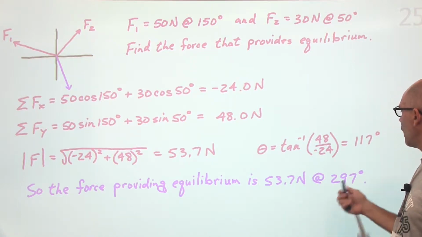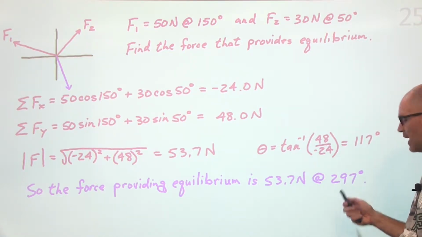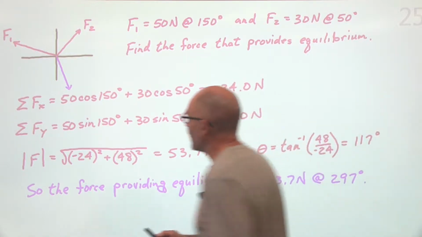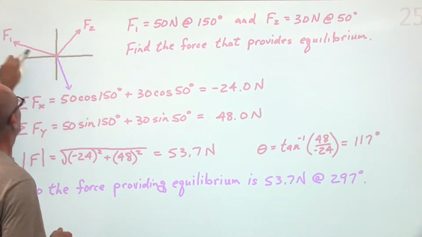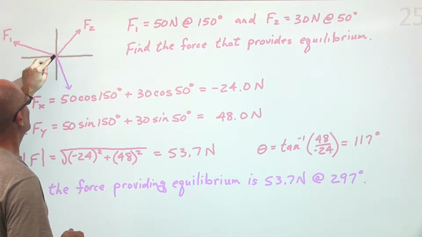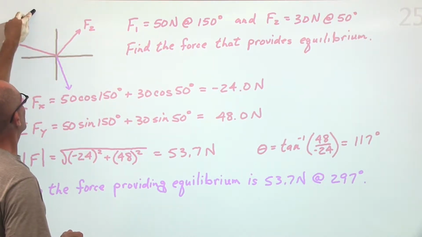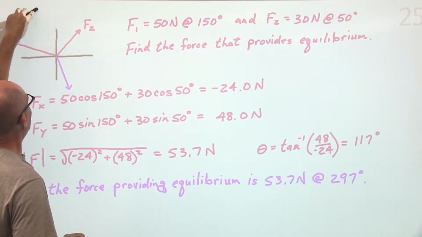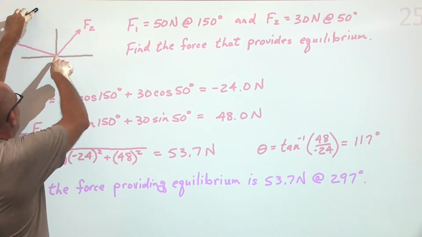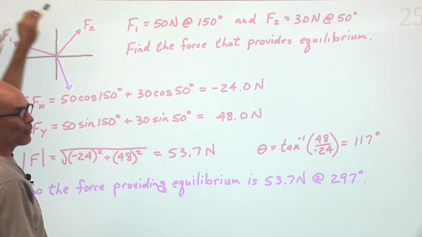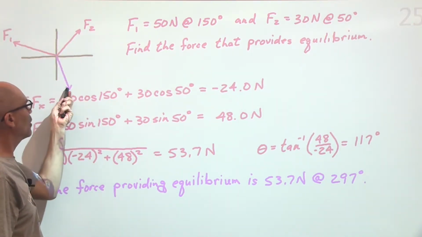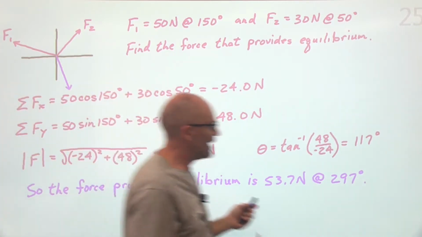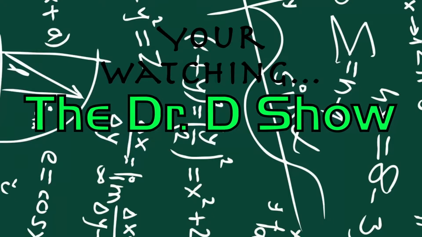But remember, we don't want negative 63 degrees, we want 297. So you can see that the two red forces combine to make a force up here. Now, the equal but opposite force would be going down the other direction. So the purple is the equilibrium force. Bam!